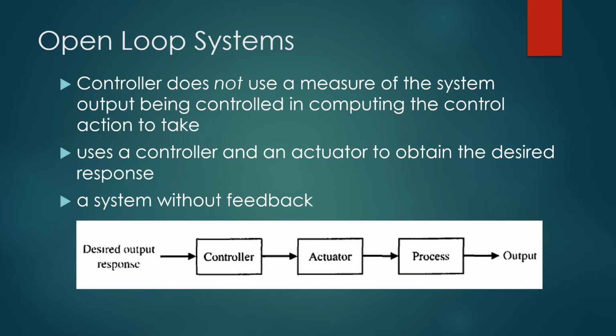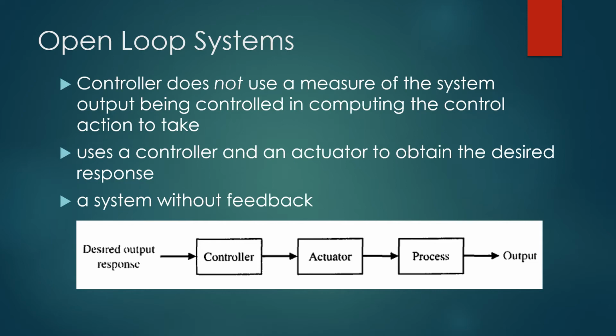Now let's try to differentiate the open loop system from a closed loop system. An open loop system has a controller that does not use any part of the output in controlling the actuator.